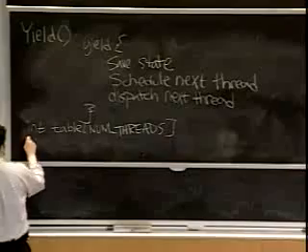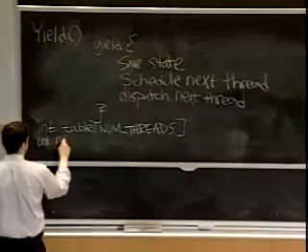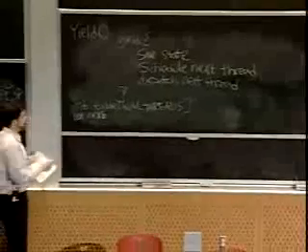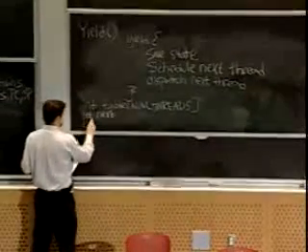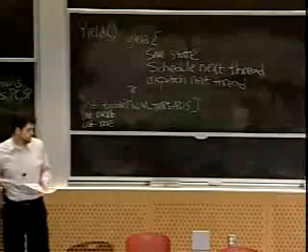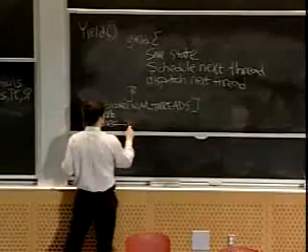It's going to have an integer that tells us what the next thread to run is. And then for every one of our threads, we're going to have a variable that we call me, which is the ID of the currently executing thread. So this is local to the thread.